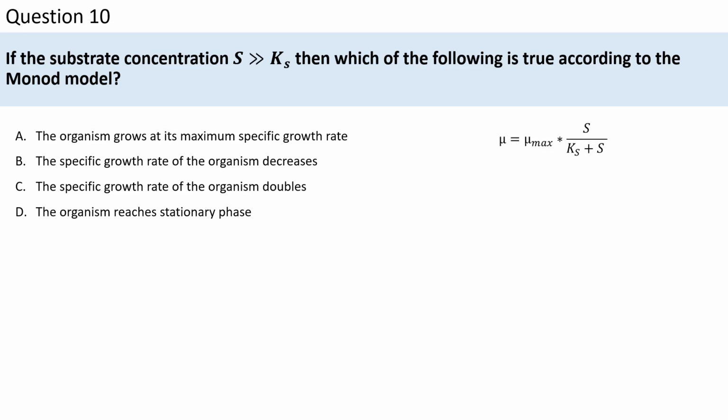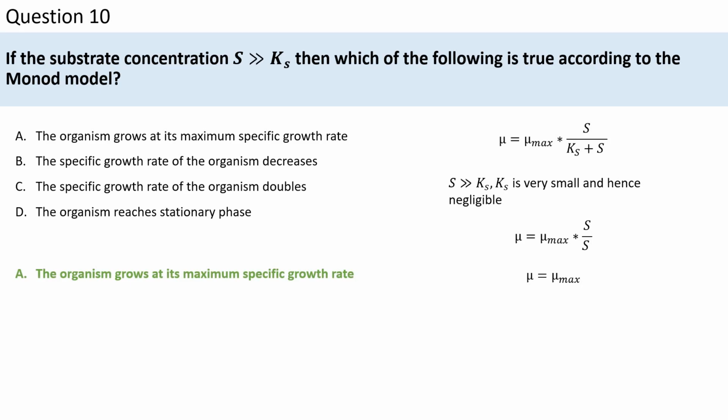We know that mu is equal to mu max times S by (Ks plus S). What happens if S is much greater than Ks? Ks will be very small and hence neglected. So S and S will cancel, and mu will be equivalent to mu max. So the organism grows at its maximum specific growth rate is the right answer.